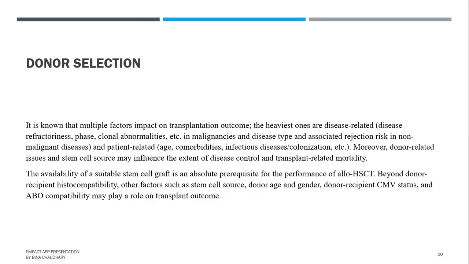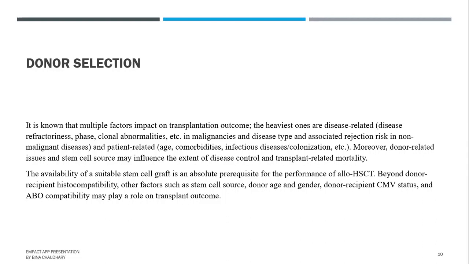After selecting the graft, the stem cell source, donor selection is also very important. It is known that multiple factors impact transplantation outcomes. Some of the heaviest are disease-related: disease refractoriness, phases, clonal abnormalities in malignancy, and disease type, which is associated with rejection risk in non-malignant disease.